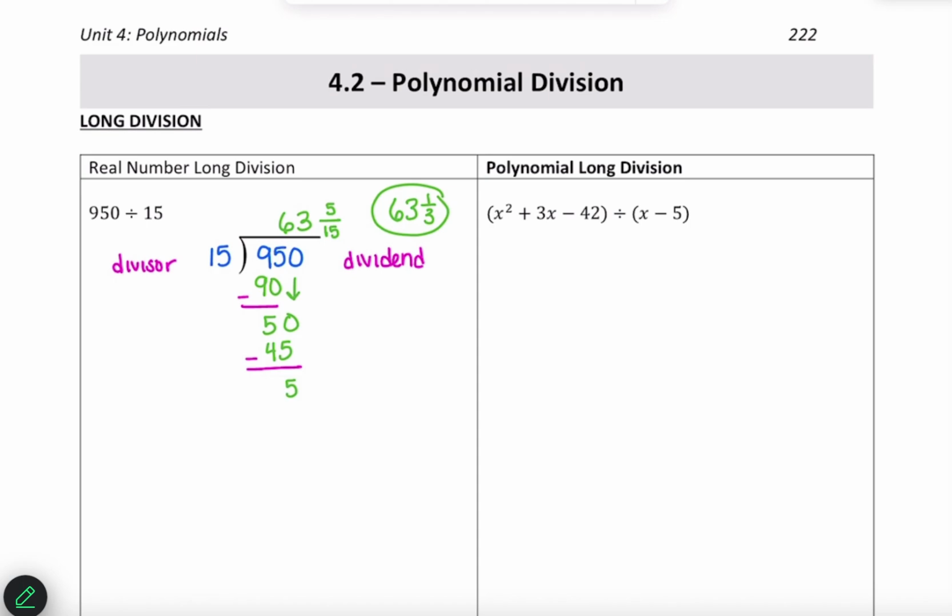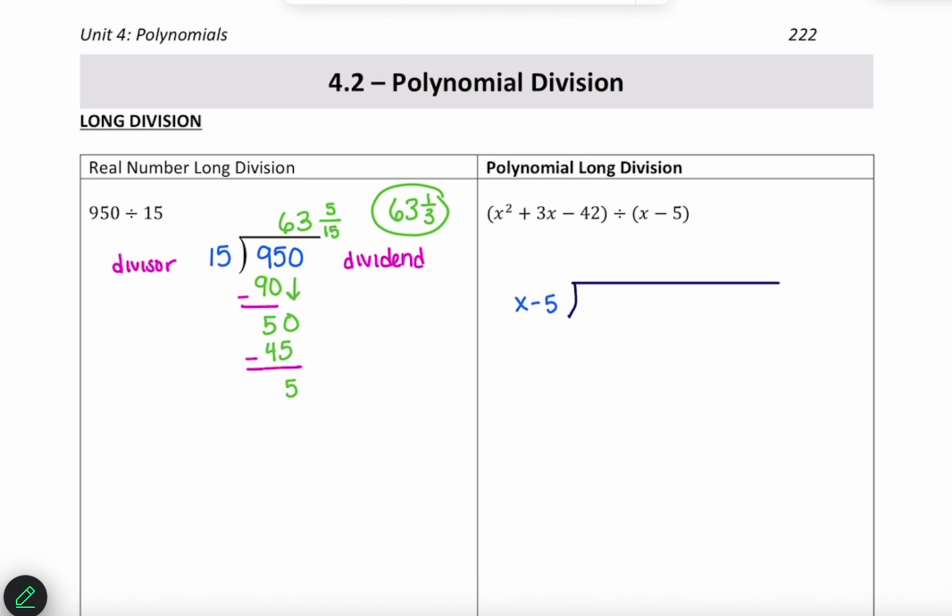So let's look at the right side. We're going to divide x squared plus 3x minus 45 by x minus 5. So we are going to draw our dividing symbol, and on the outside we have x minus 5.